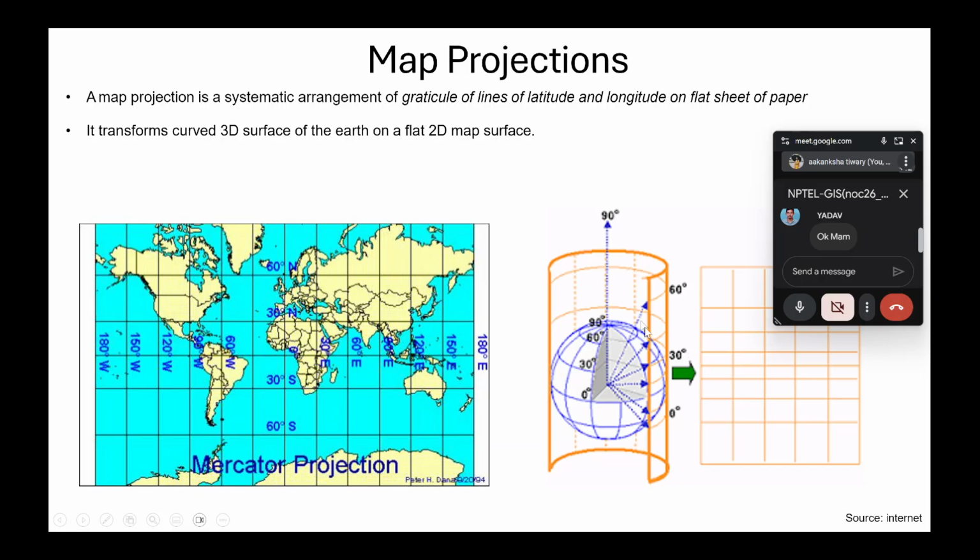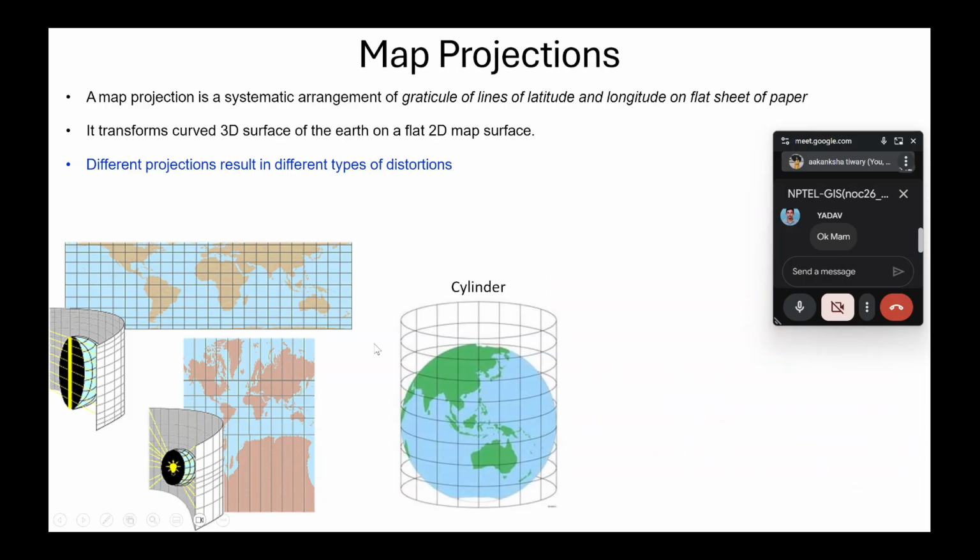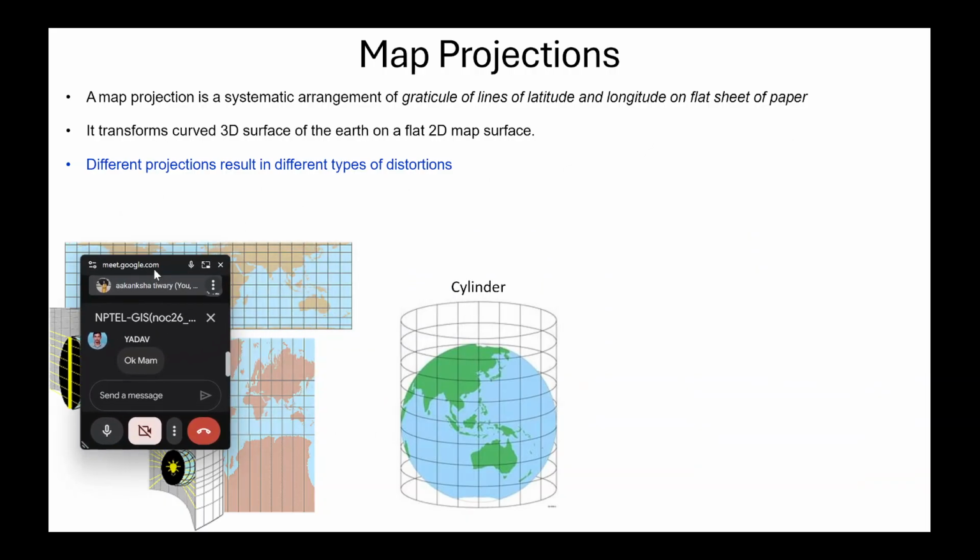So this is a cylindrical projection, and here your polar areas look large, but in the actual real world they are not that large. But if you change the projection type, then the distortion type is going to change. Okay, so we can see this is the cylindrical one that we are seeing.